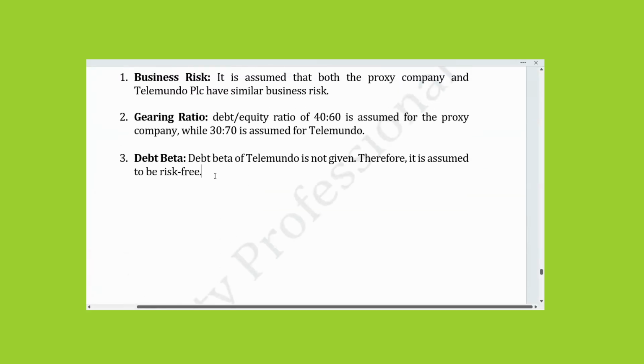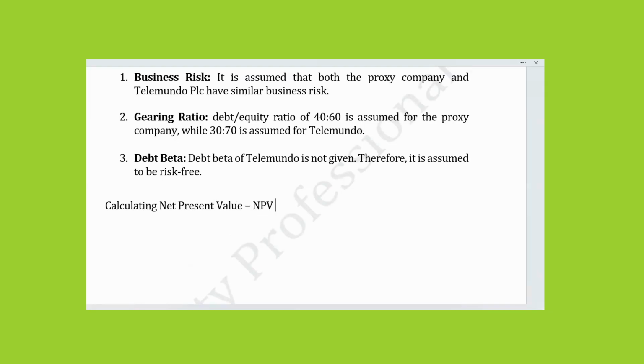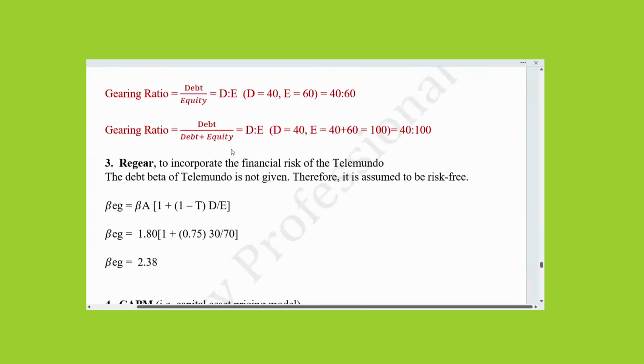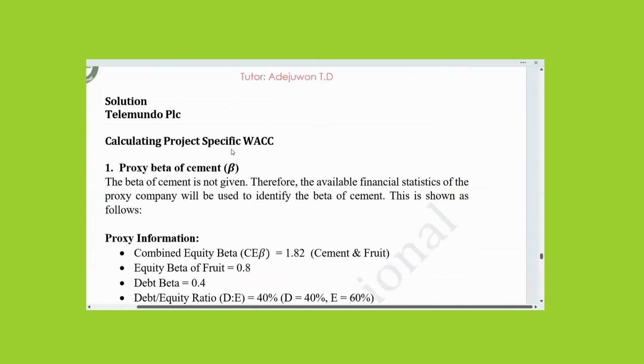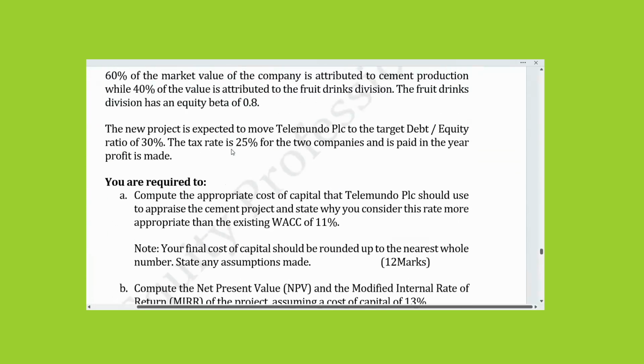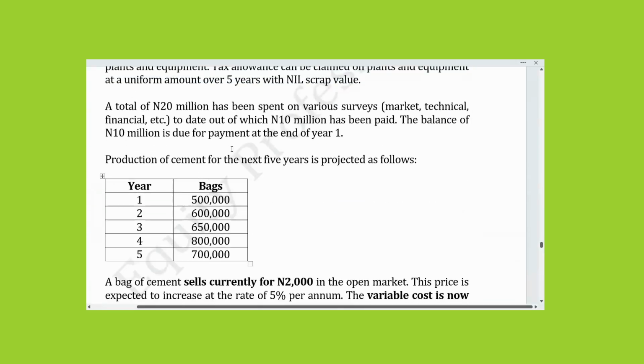So I will come here, calculating net present value, NPV. I will go back to the question and check. The figures given to us, are they in thousands, in millions, or just absolute value? All right.